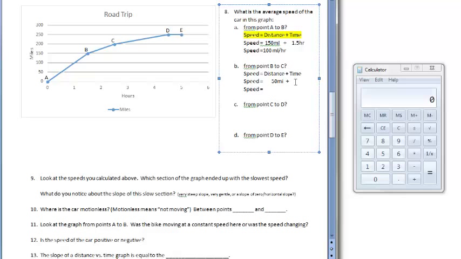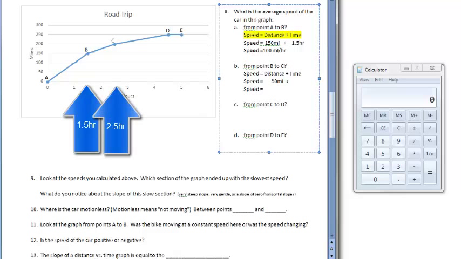Now we need to figure out the difference in time. We were at 1.5 hours. When we get to point C and look down to the hours, we're between 2 and 3, pretty much in the middle. So this would be 2.5 hours.